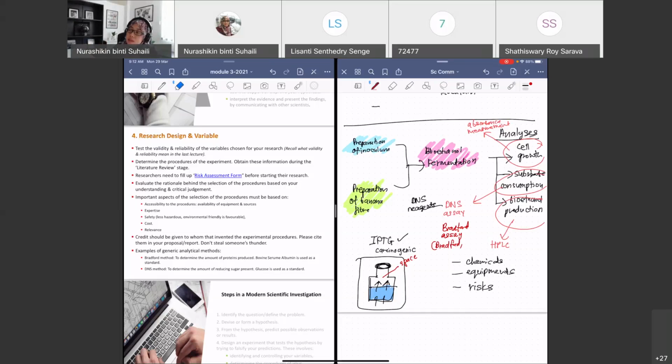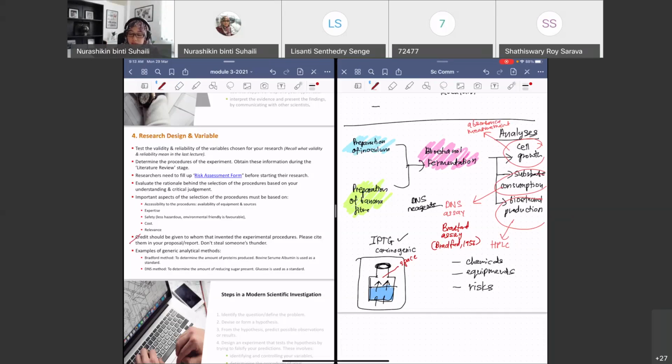I think the method was invented in 1956. Yes, there is a paper about it. If you Google, maybe you can find it. Apart from knowing the procedure and putting it in your proposal, you also have to give credit. Credit should be given to whoever invented the experimental procedure.